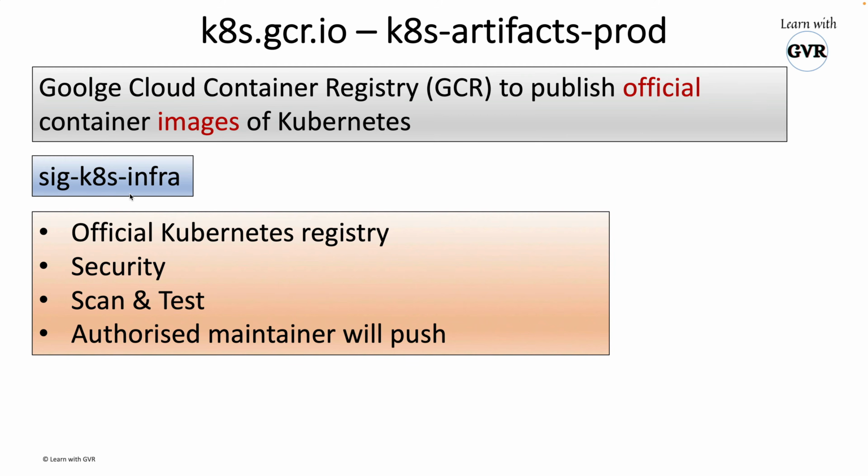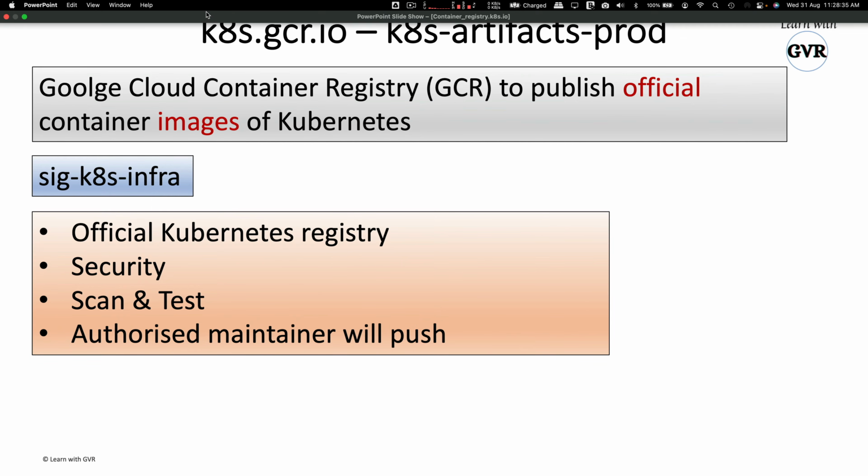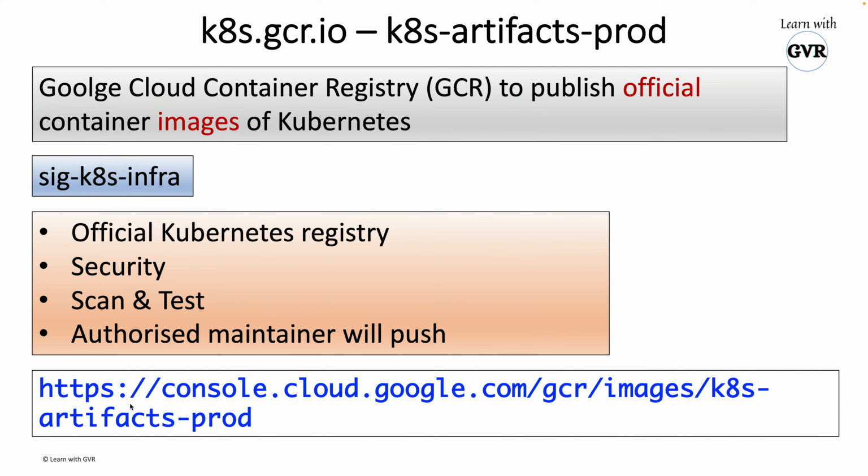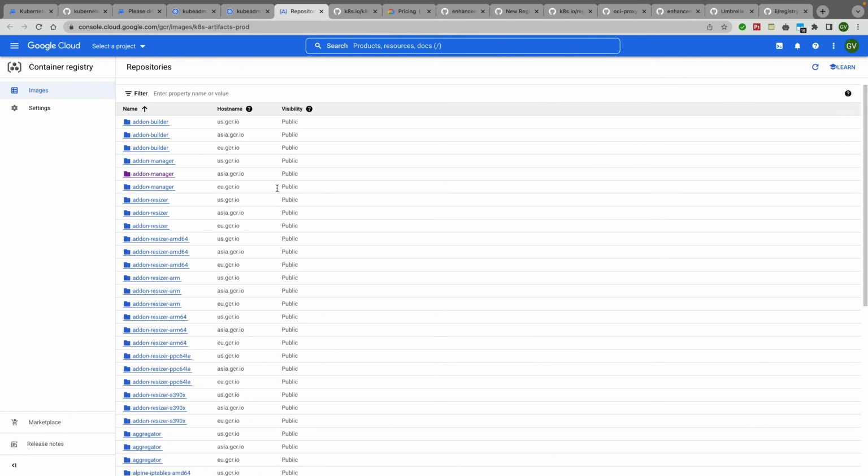Why they maintain it is that it's the official Kubernetes registry until 1.24, and even now as well, where it is a secure place and only authorized members will push, and they properly test before pushing whatever new version they release. If you want to see this registry, this is the link and I have already opened it here.